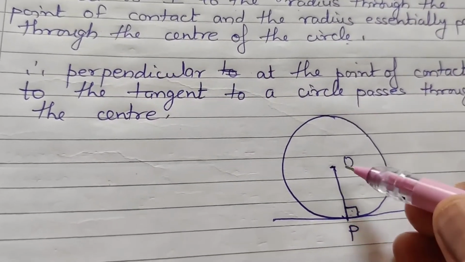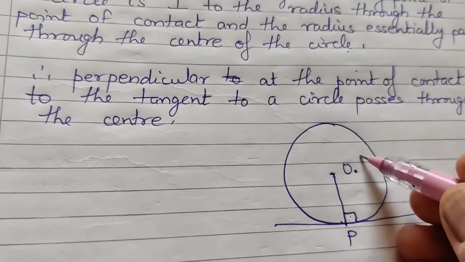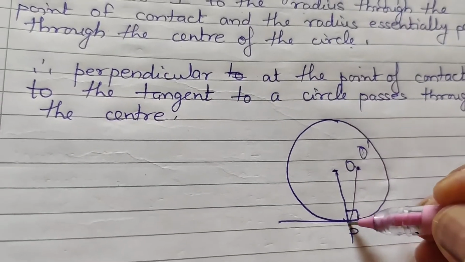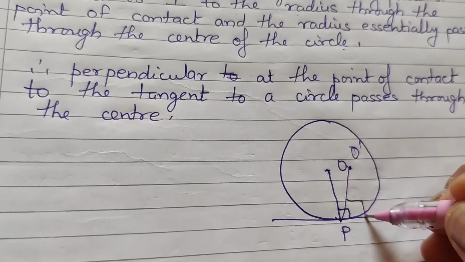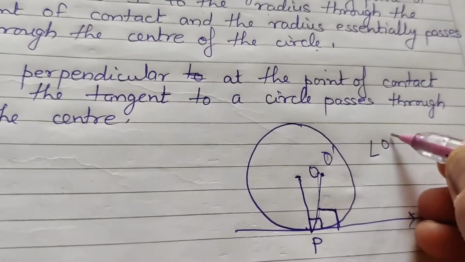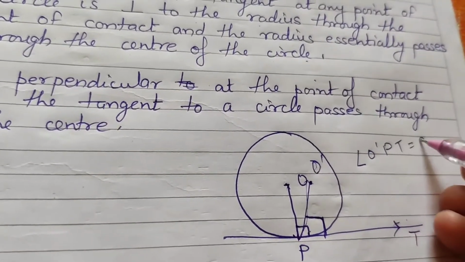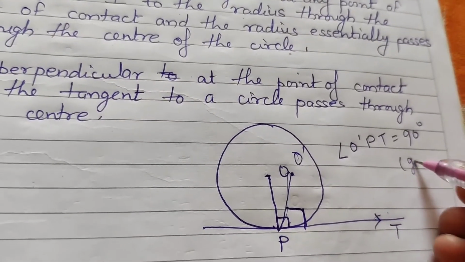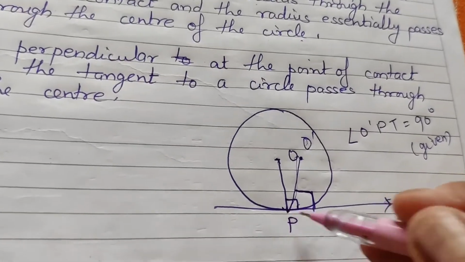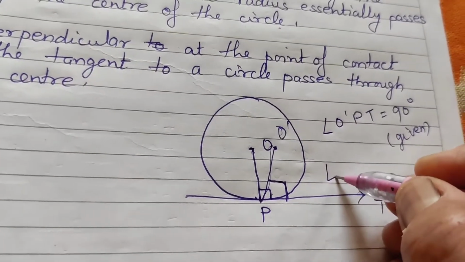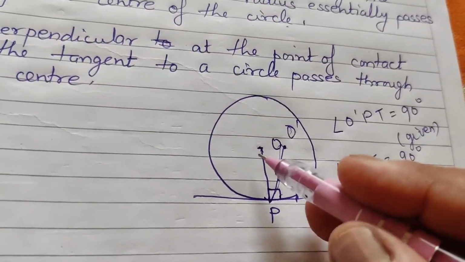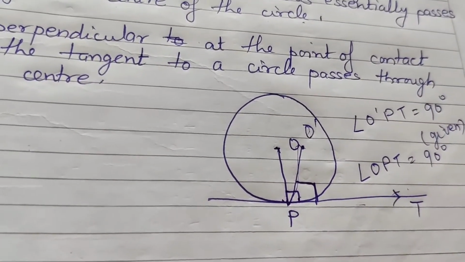Okay, if this does not pass through O, suppose it passes through the point O dash. It means the perpendicular, it means this is 90 degrees. The perpendicular at the point of contact means angle O dash PT equals 90 degrees, given. We also know that angle OPT equals 90 degrees, as the radius is always perpendicular to the tangent.